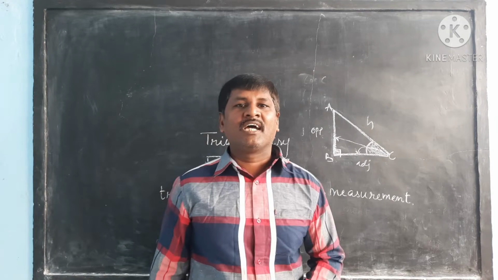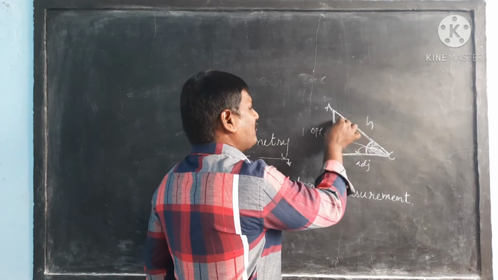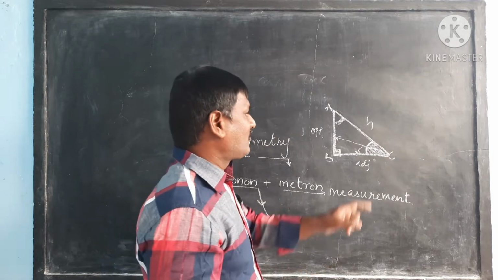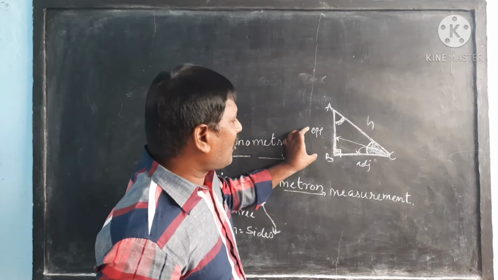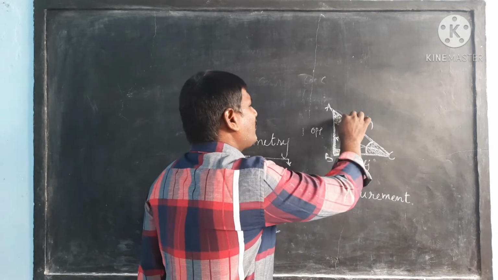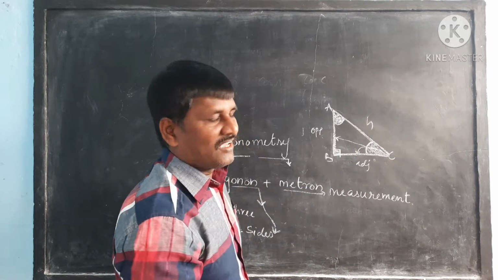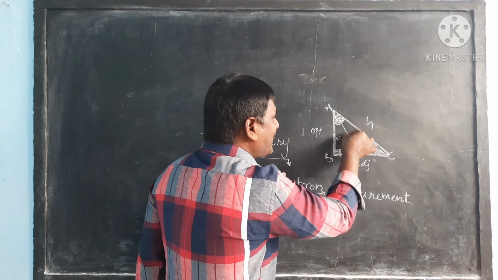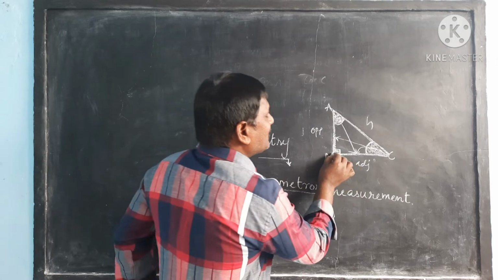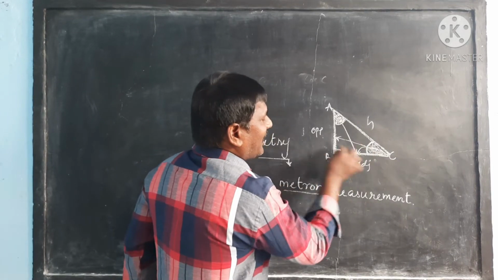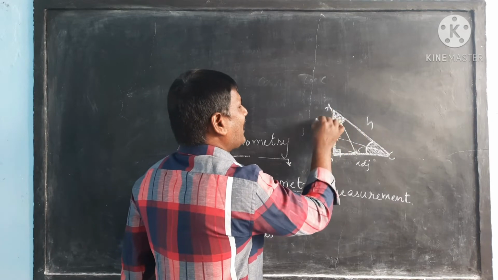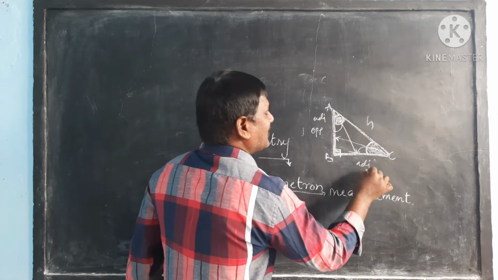Now we considered angle C. According to angle C, AB is the opposite side and BC is the adjacent side. Now consider angle A. For angle A, BC is the opposite side, and AB is the adjacent side.